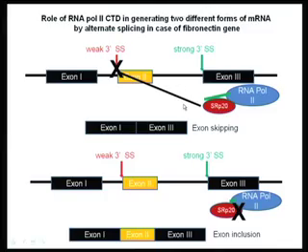So, you can see differential gene regulation can take place not only in the case of transcription initiation and elongation, it can also take place at the level of splicing, and by these kinds of mechanisms you can generate more than one RNA from the same gene.